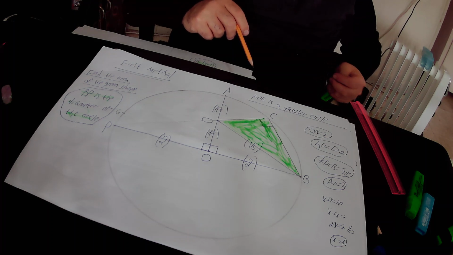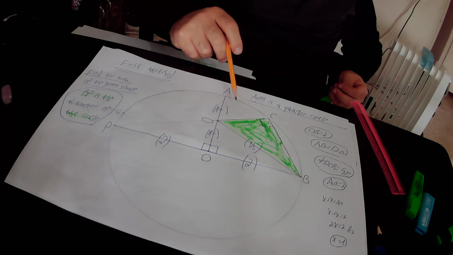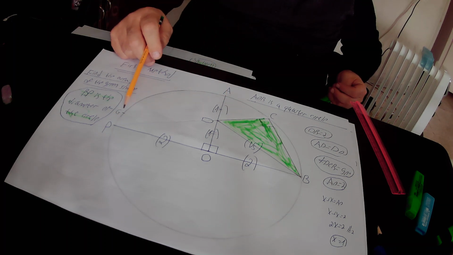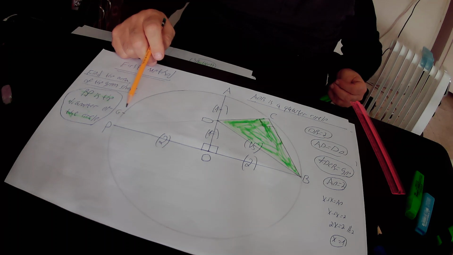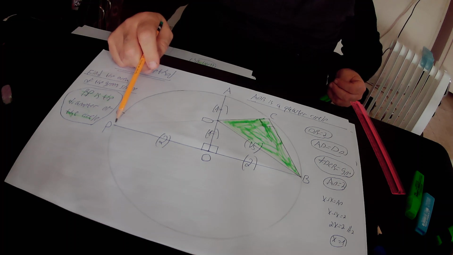Therefore, our assumption that the extended side CD will touch the circle at point G is incorrect. Therefore, we must conclude that the extended side CD will touch the circle at point P, and not at any other point.